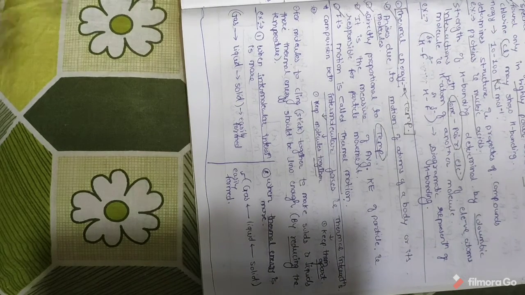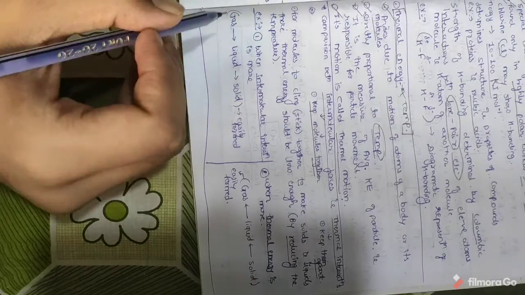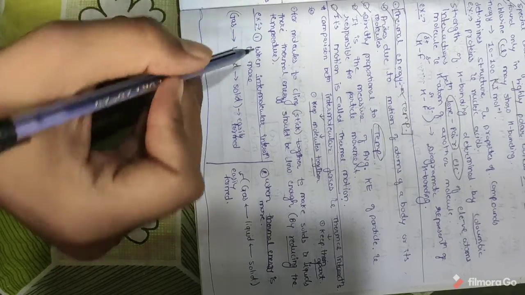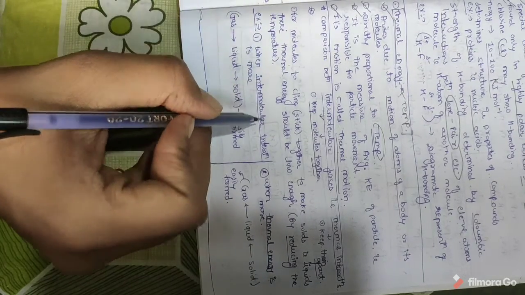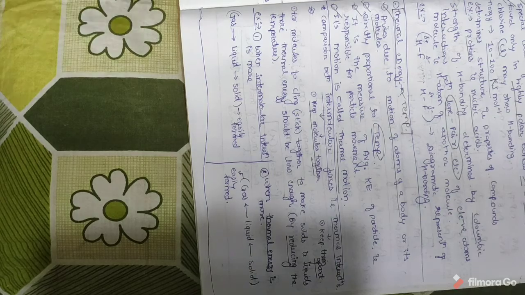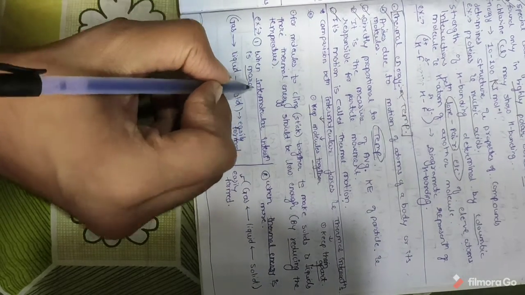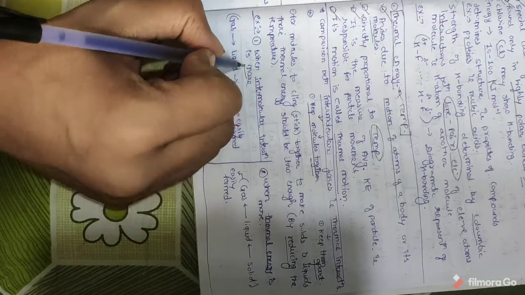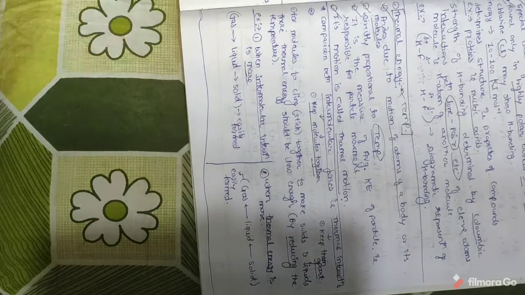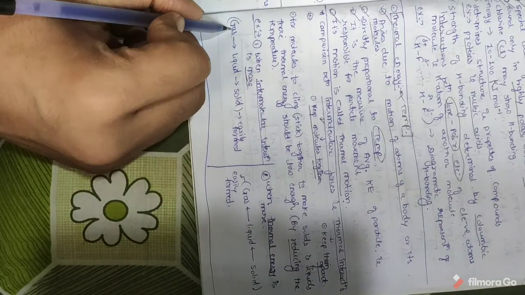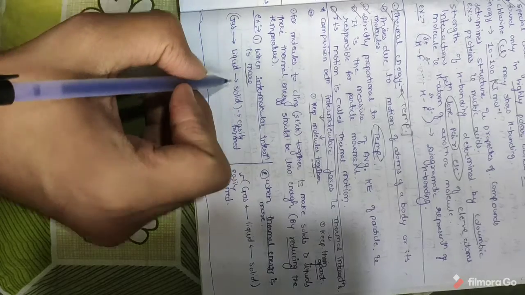This seems simple, but at the molecular level this is very hard. This is a quantum type of chemistry that we have to understand. For example, when the intermolecular interactions between atoms are more, the formation of gases is harder than liquids or solids.